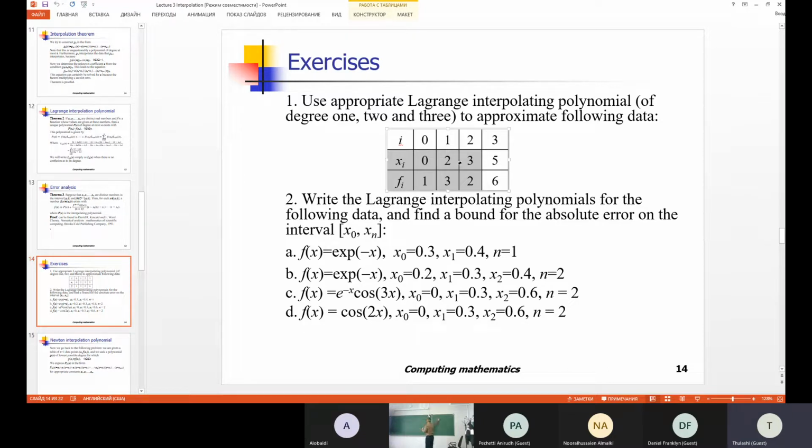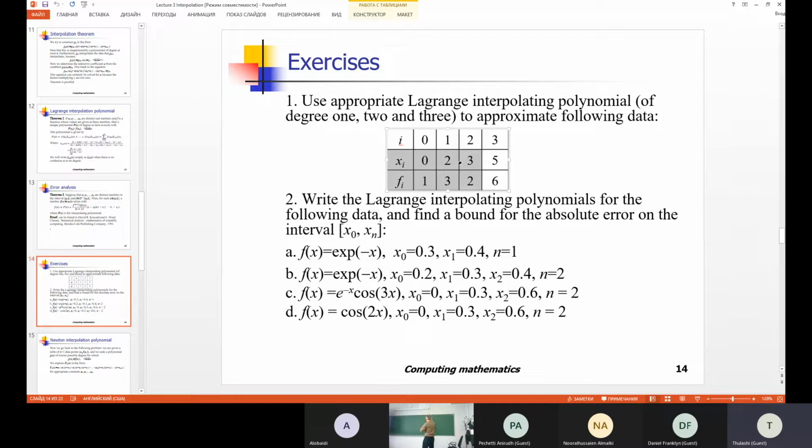If you substitute here 2, 1, and 3, 0, right? And the last term, L2, x squared minus 2x over 3. Again, it's very simple to check when you substitute 0, 2, and 3.